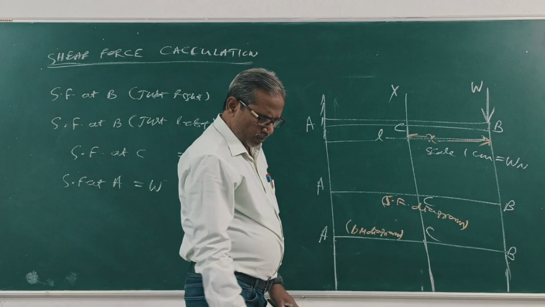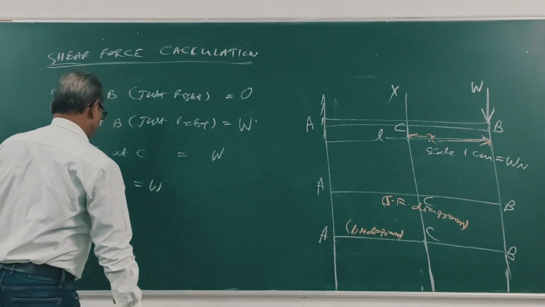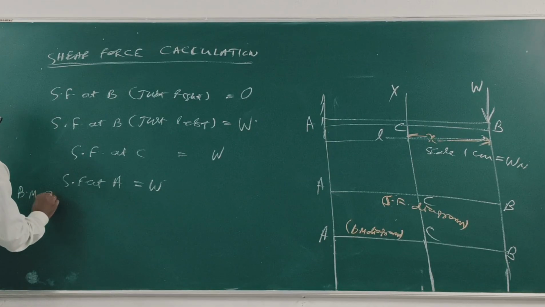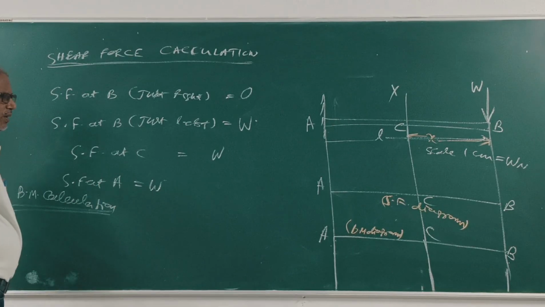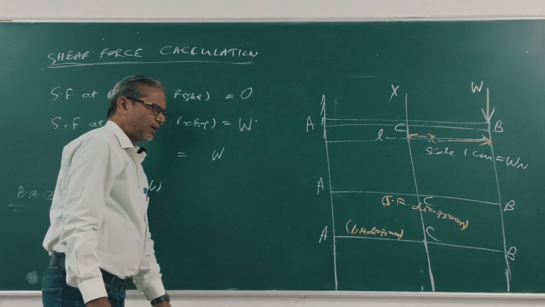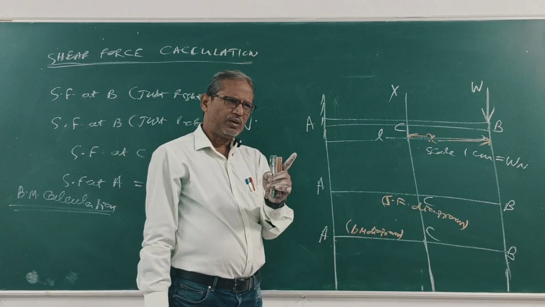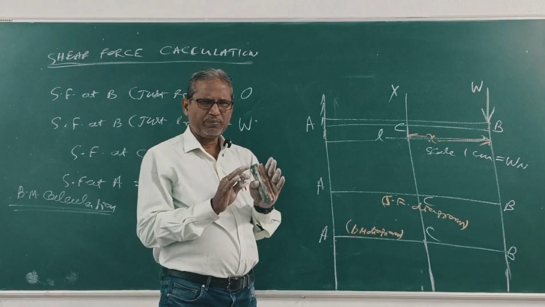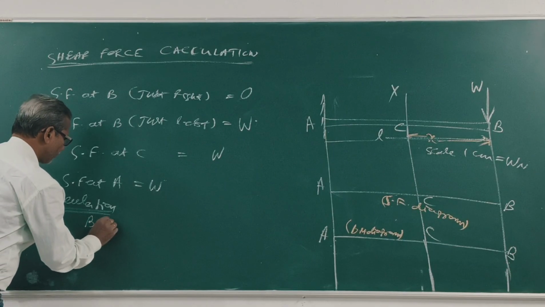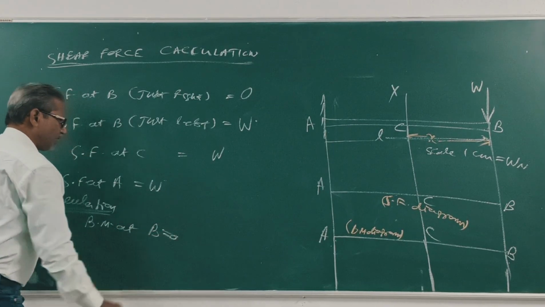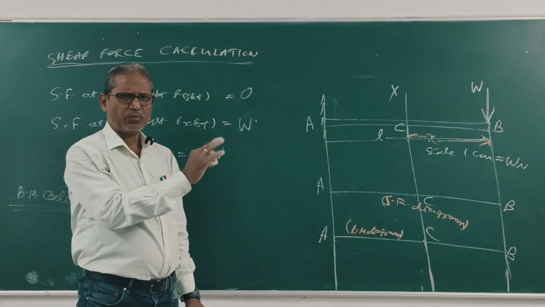Now, again make calculation for bending moment. BM calculation. At B it is 0, because I already told you the bending moment at the free end of a cantilever beam and at the two supports of a simply supported beam is 0. Right? So bending moment at B is 0, because at B there is no distance. Moment is force times distance. Distance 0, so moment is 0.